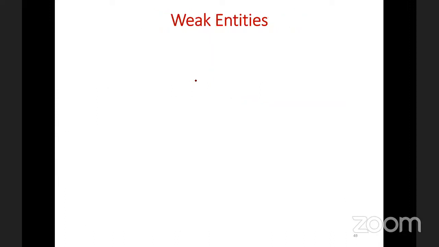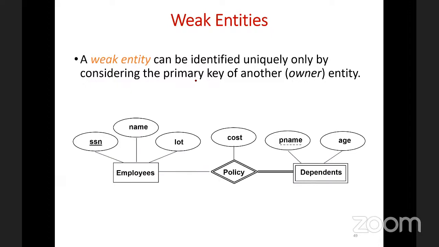Okay. Now comes weak entities. What happens is that sometimes certain entities are identified by other entities, which are called owner entities. For example, this is a capacity building program, so I believe all faculty members are here. Many of us must be having parents, of course, right?